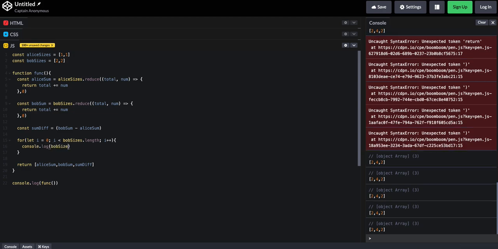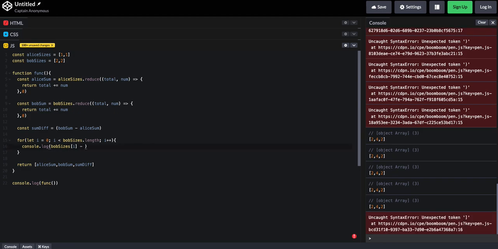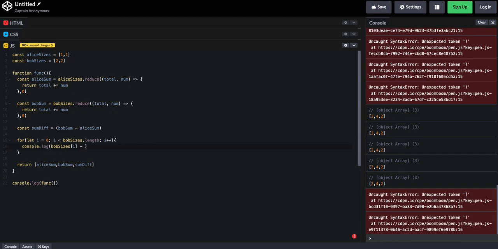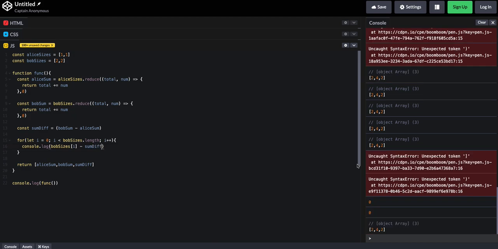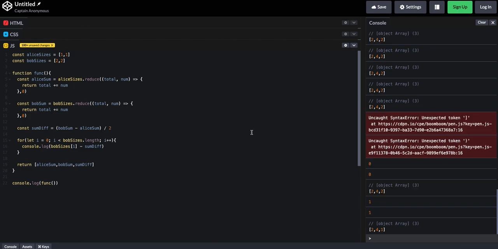Bob sizes at i minus some diff. Now we're getting 0, okay? What we want to do here is divide this by 2 because we have 2 different arrays, right?